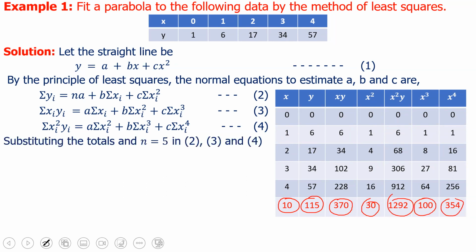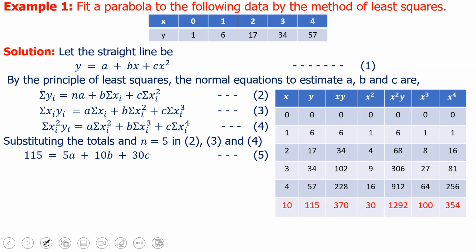Now, if we substitute all these values, n equal to 5 and the others. First, the sum of yi is equal to 115. Then n equal to 5, sum of xi is 10, sum of xi square is 30. So 5a plus 10b plus 30c.